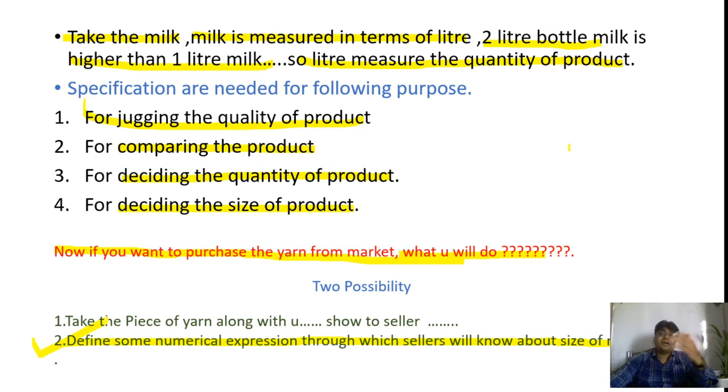So this is what defining means: I am assigning some numerical numbers to my need. This is the second possibility that the majority of people use in the textile industry.